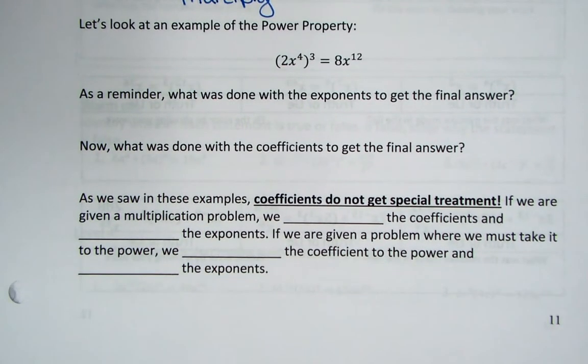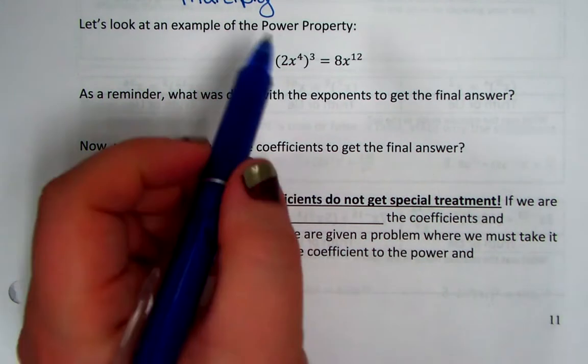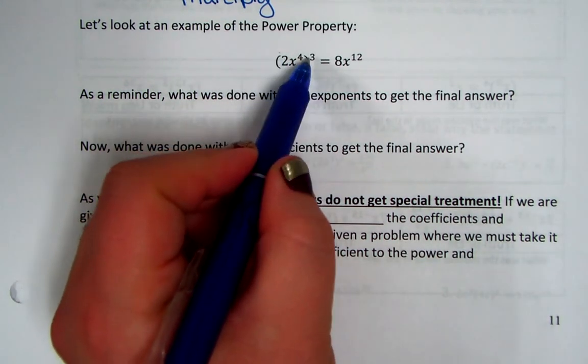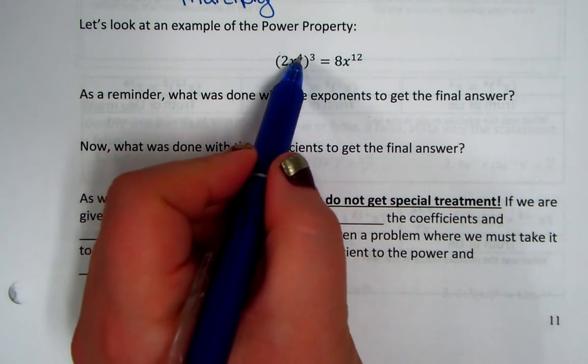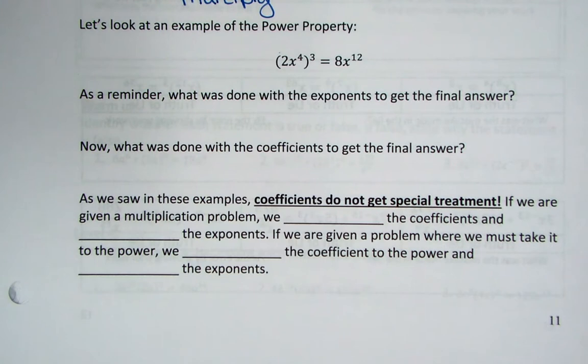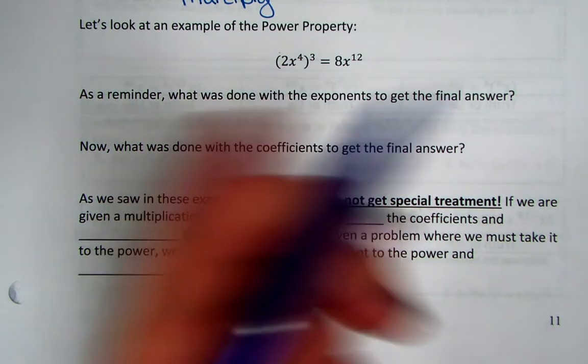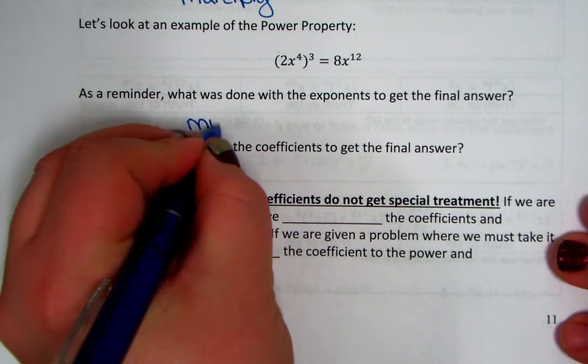So in the power property, we have to ask ourselves, how did 2 raised to the third power become 8? And how did the 4 and the 3 become 12? Well, as a reminder, when we have those exponents that are raised to another exponent, we have to multiply those exponents.